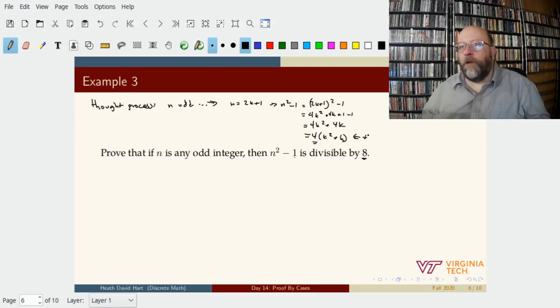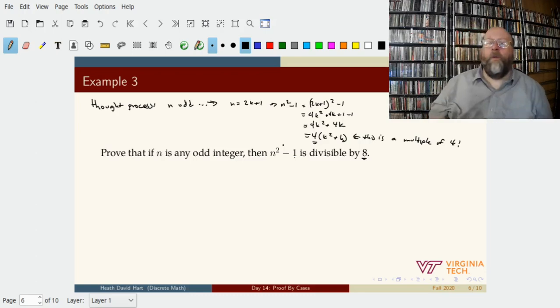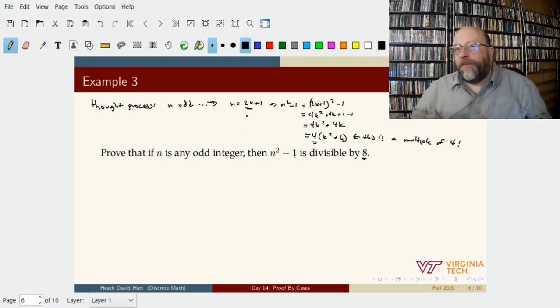So this is a multiple of 4. Well, the multiples of 4 came around because I was taking this 2 and squaring it. So if I did 4 and squared it, I'd get a 16 somewhere. I might be able to do this if I could put n in the form 4k plus something instead of 2k plus something.